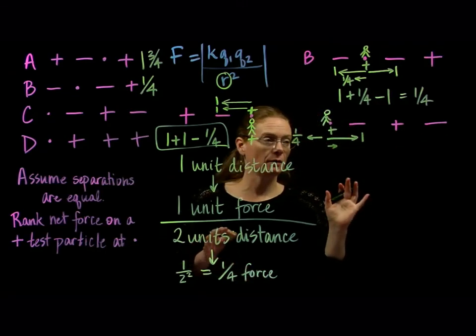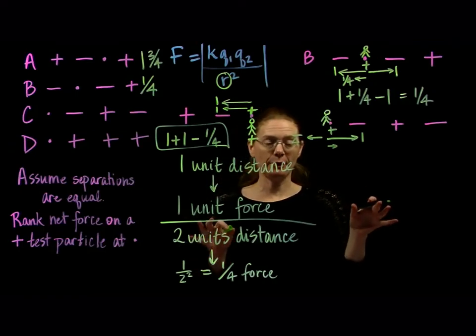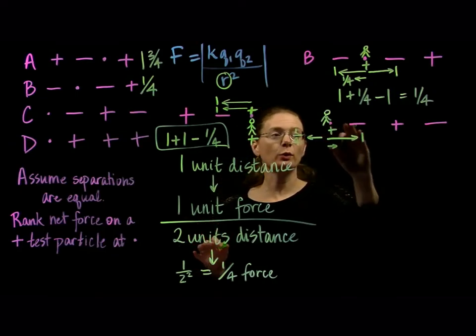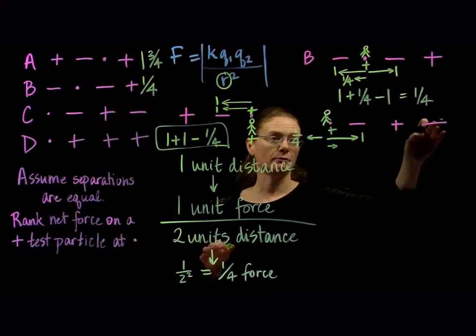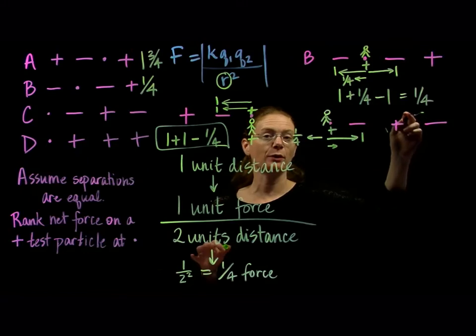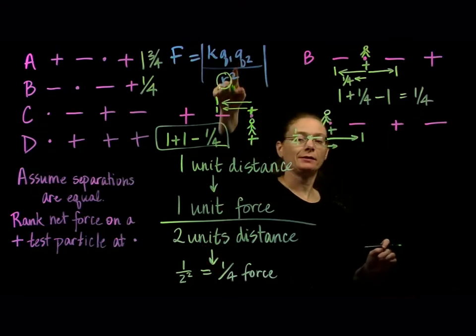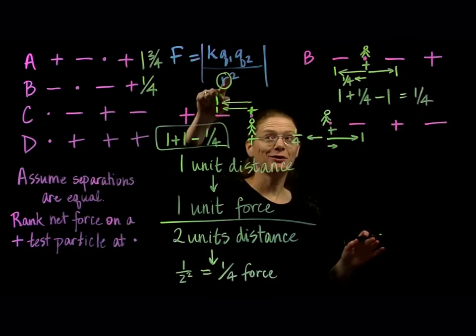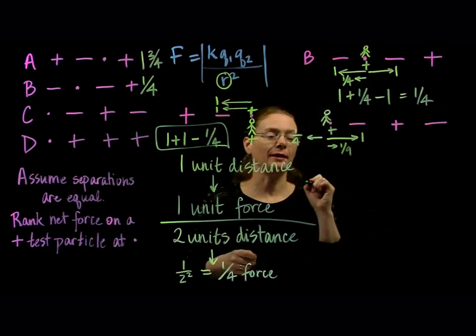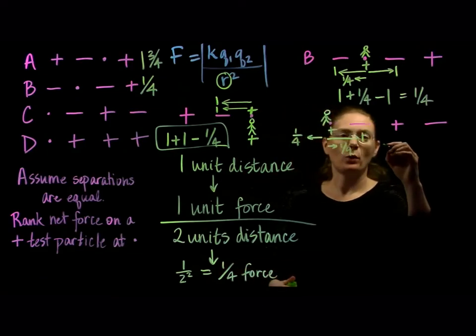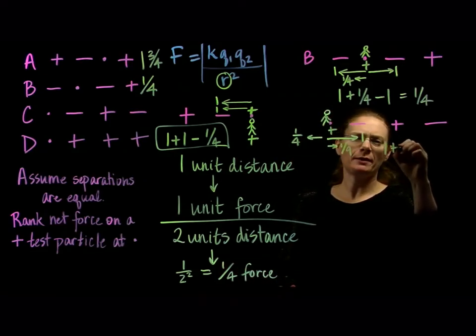What's the size of that force? Make a prediction. If it's 3 unit distances away, how big is the force that you feel from that charge? Well, got your prediction? It should be 1/3 squared. So to the right, I have 1/9. For C, it's going to be 1 + 1/9.